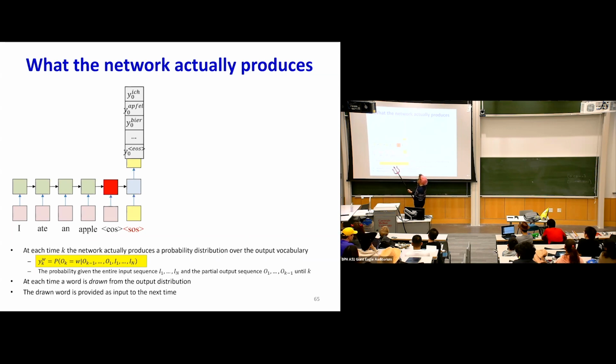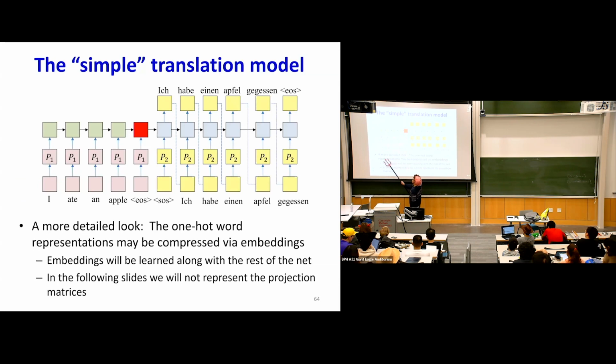At each time, you're computing the probability for every word in the vocabulary, given the entire input and all inputs to the network until that time. If I'm looking at the kth word, what are all the inputs that have gone in? It's got the entire input, x1 through xn, or x0 through xn minus 1, depending on how you index it. And in order to generate the kth word, it has also seen O0 through Ok minus 1.